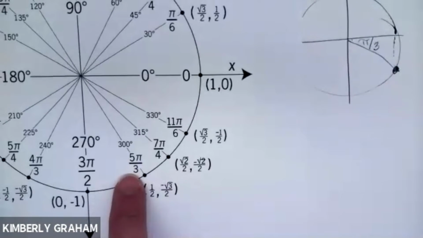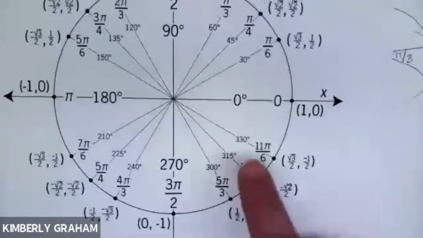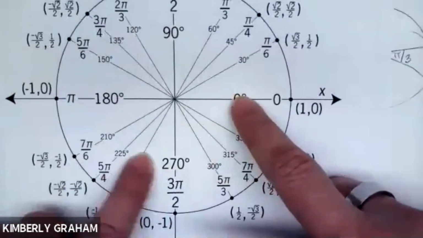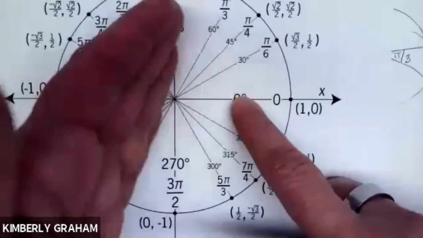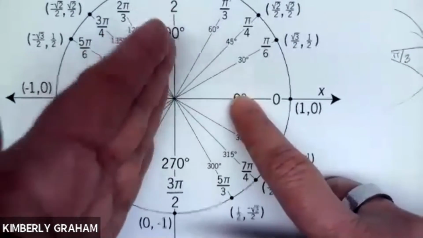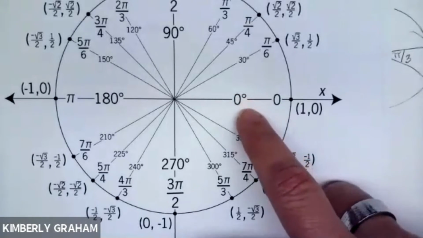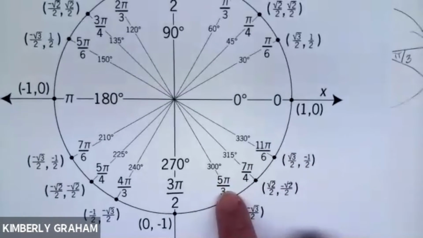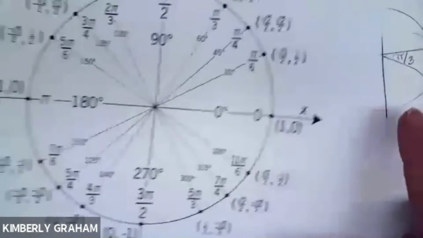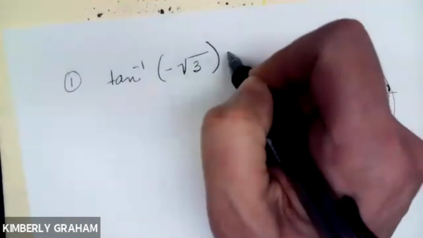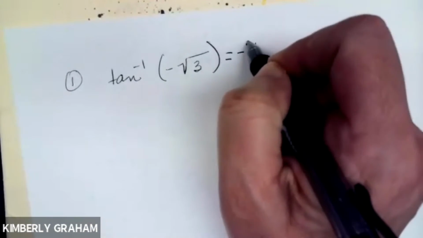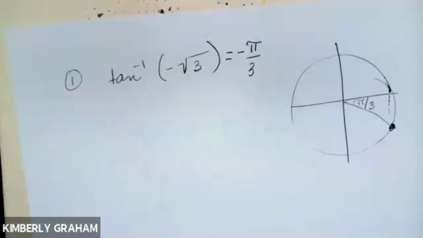And I'm not even going to name it 5 pi over 3 because 5 pi over 3 would be going all the way around here, and I can't go past this second quadrant when I'm looking at my graph. I have to name this angle as negative pi over 3. Does that make sense? Okay.